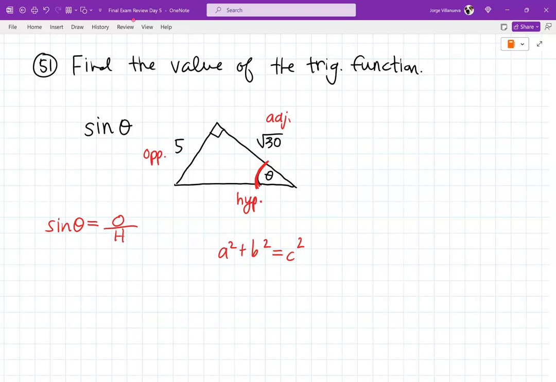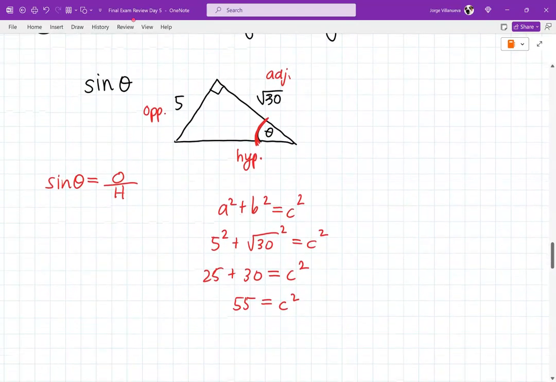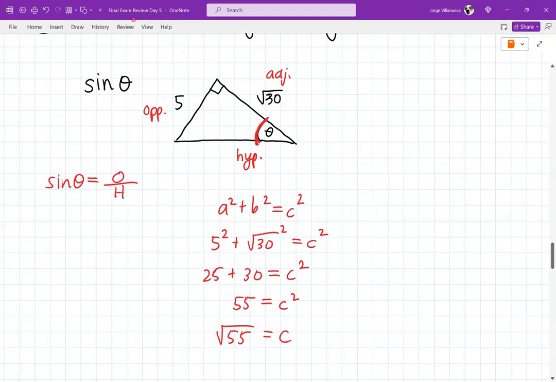So I'll put 5 squared plus square root of 30 squared is equal to c squared. 5 squared is 25, plus square root of 30 squared is 30. That's equal to c squared. So 55 is equal to c squared. I take the square root of both sides, and I get the square root of 55 is equal to c.